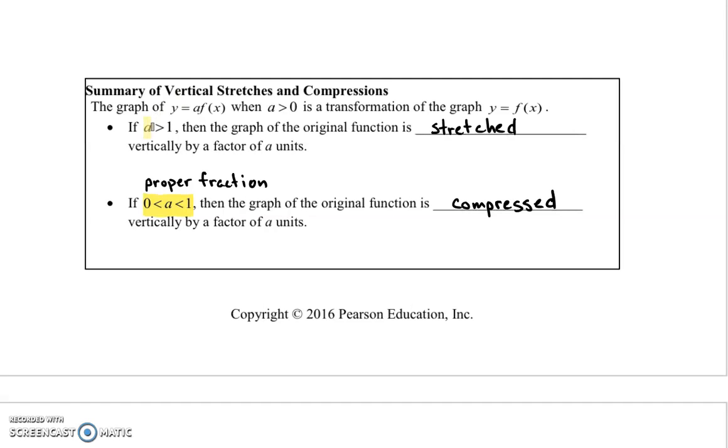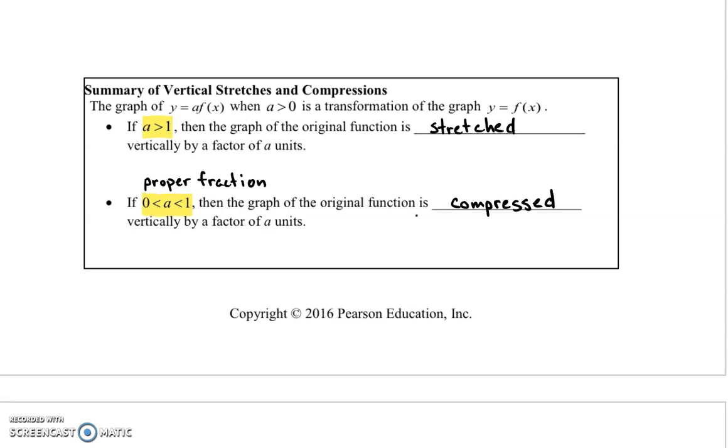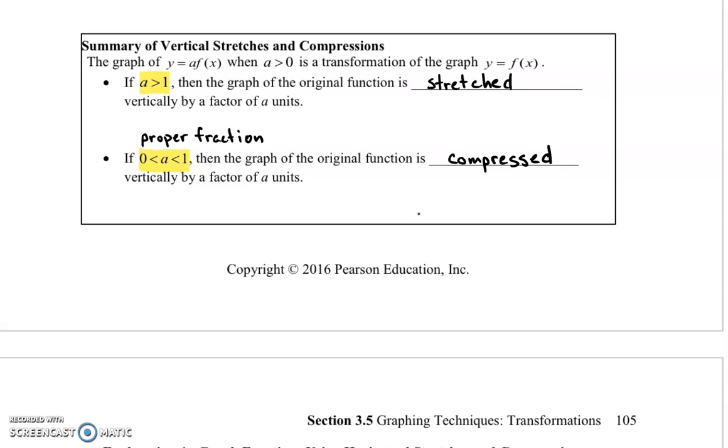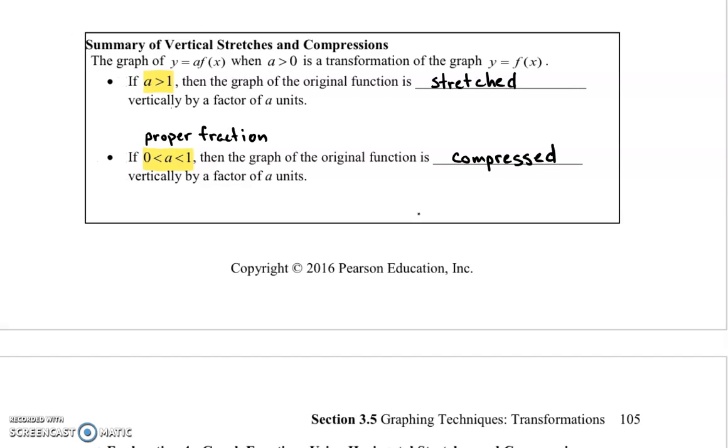So the key here is whether the number we're multiplying by is bigger than 1 or between 0 and 1. Okay, now that's the vertical stretches and compressions.